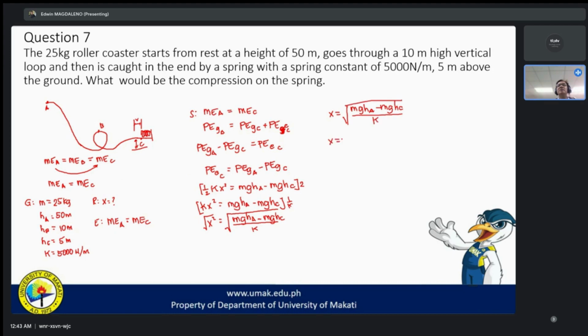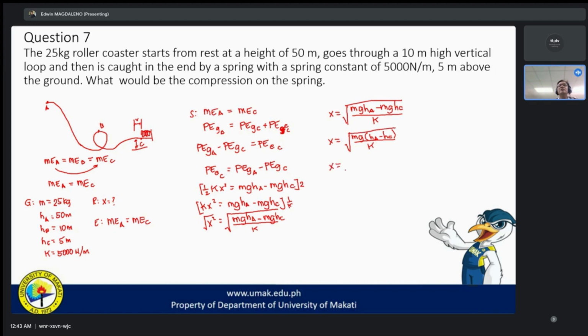Let's factor out mass and gravity so that we have less to write down. So we have mass times gravity times HA minus HC. I just factored out mg, divided by k, the spring constant.